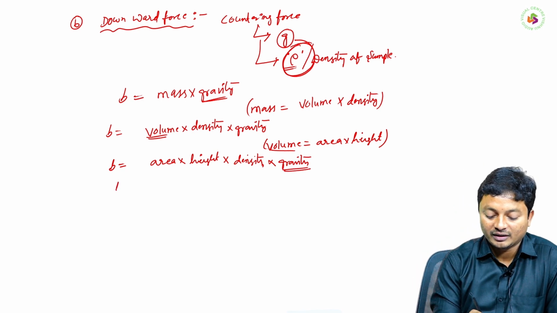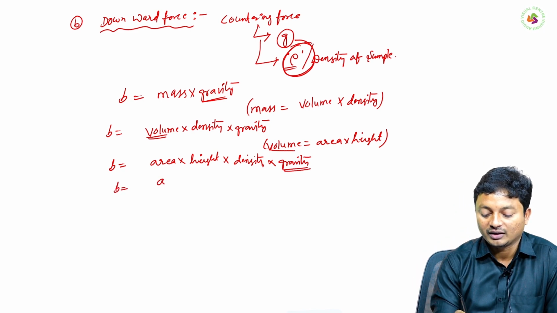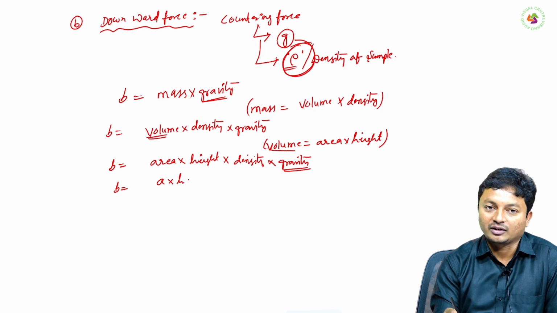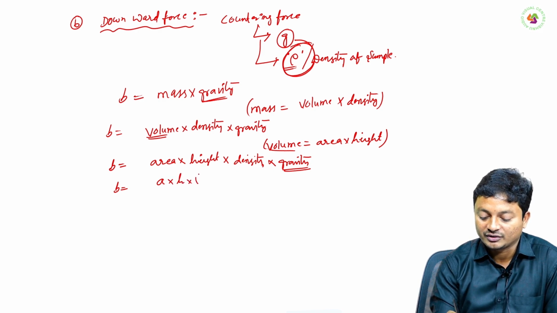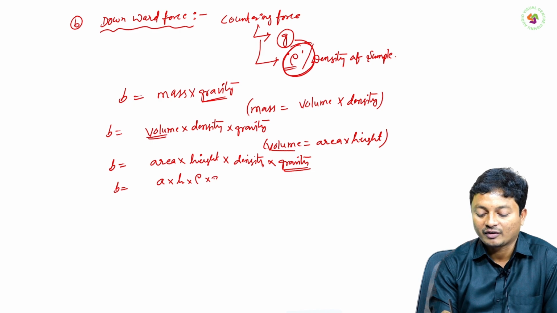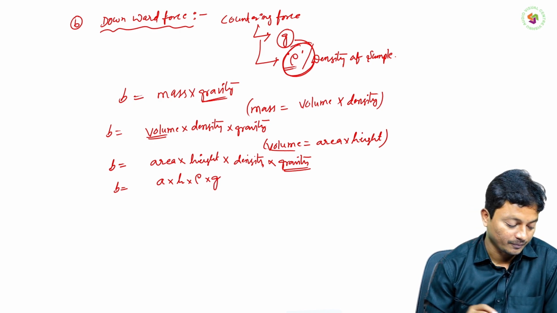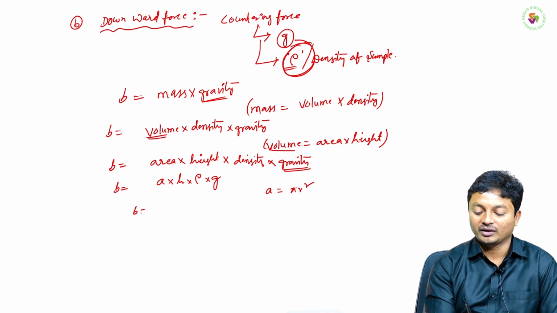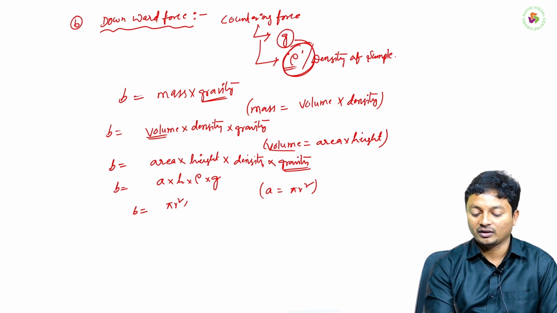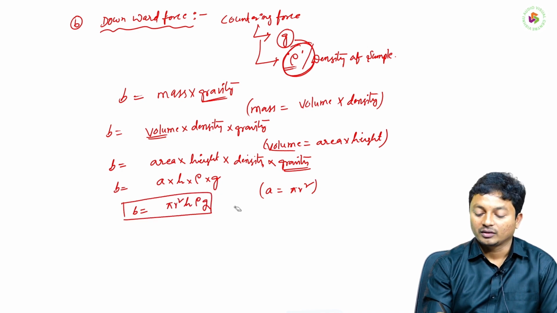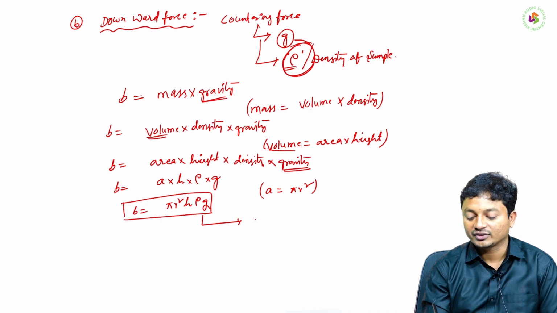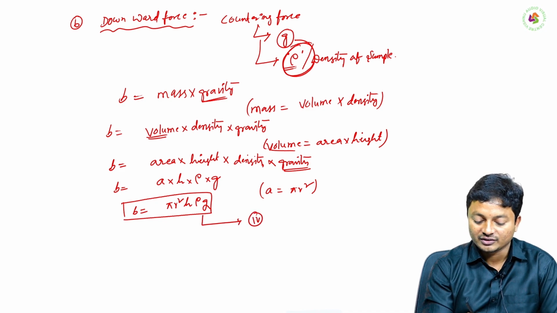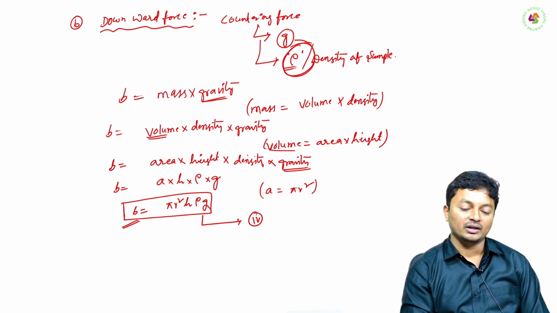In mathematical representation, area is A, height is h, density is rho, and gravitational force is g. The formula for the area is pi r square, so we can substitute this A value into the above equation. Now it is pi r square h rho g. This is equation number 4, and this happens in the downward direction.